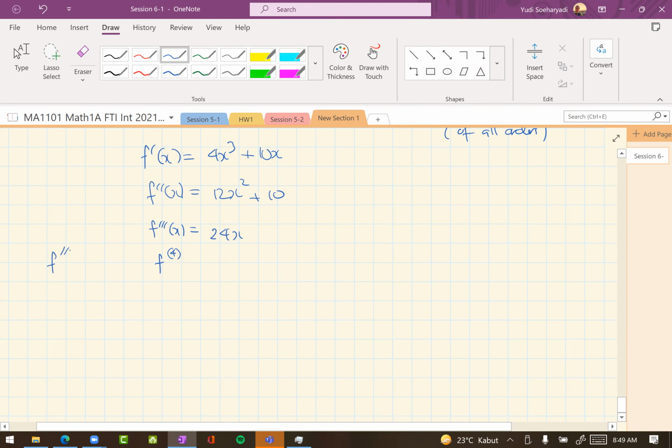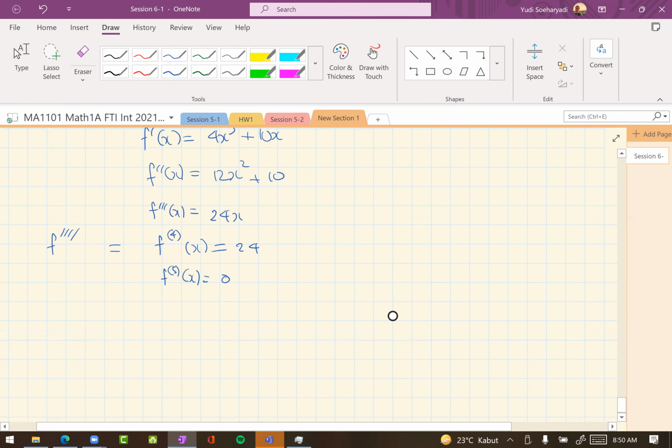So for 1, 2, 3, 4, for example, we write this 4 inside parentheses. Otherwise, we would mean it as a power. Okay. Let's compute. This is 24. Okay. And the fifth, well, the derivative of 24 is 0.